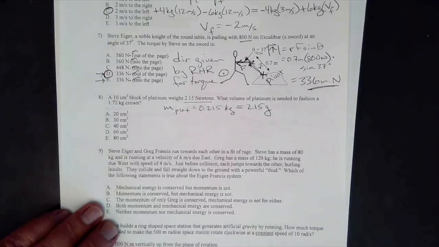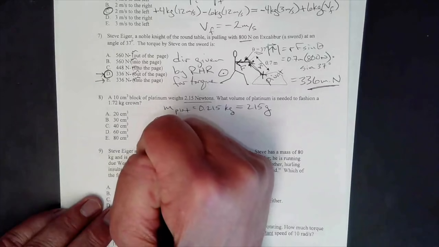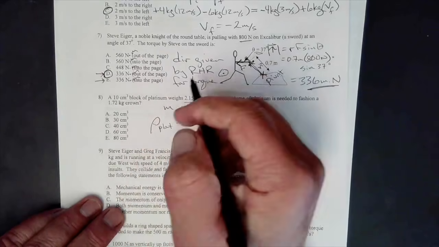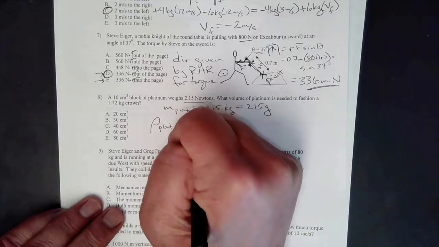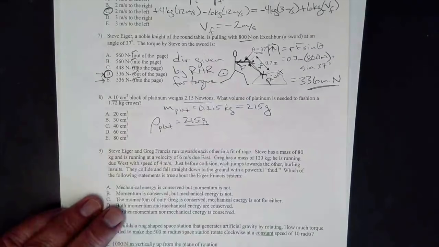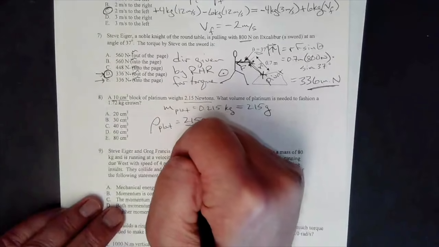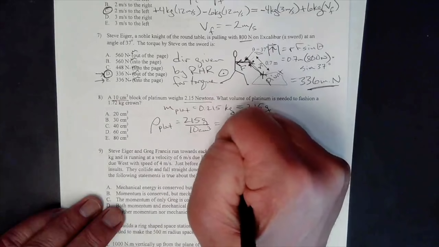Okay. Now I did that because the first thing I need to do to solve the problem is find the density of platinum. And that's going to be the mass of platinum, 215 grams, divided by the volume of this block of platinum, 10 centimeters cubed, and that's going to give me 21.5 grams for every centimeter cubed.